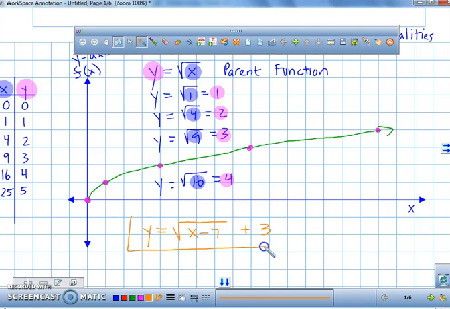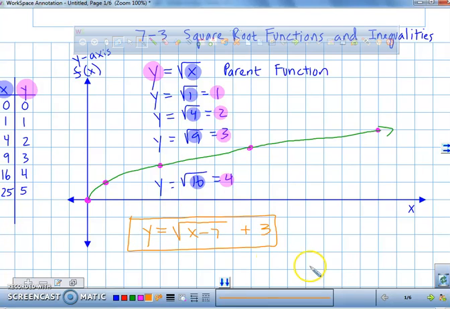So I'm going to make this graph right here, and you guys can do it with me. All right? So where is this going to start? It's going to start at a positive 7, and the y value is going to be at a 3. So I'm going to go over 1, 2, 3, 4, 5, 6, 7, and up 1, 2, 3. So this graph will start right there.